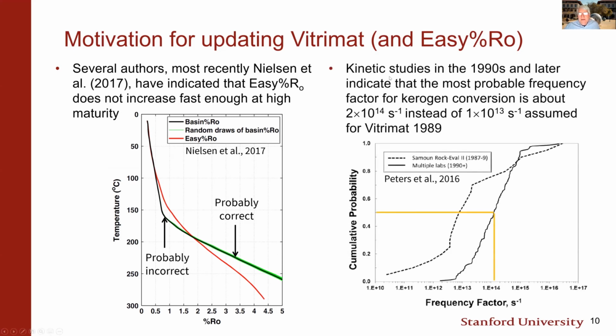Now, the other consideration that happened in the 1990s, and remember here, in the 1980s, the kinetics of transformation were making rapid progress, but there still was a long way to go. So the original measurements of the activation energies and frequency factors were not as good back then as eventually they became.